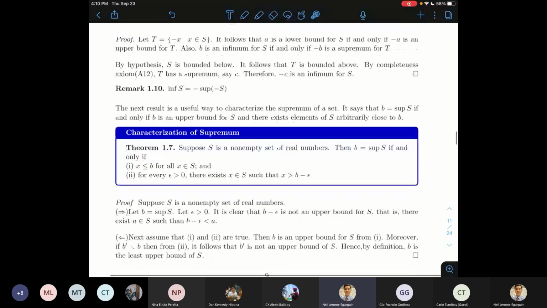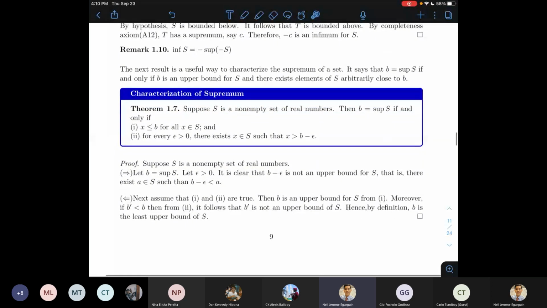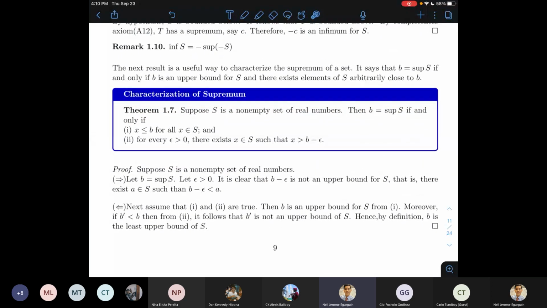Now, theorem 1.7 gives us another characterization of the supremum. So kahit alam na natin na si supremum siya yung least upper bound, siya yung pinakamaliit sa lahat ng mga upper bounds, sometimes it's handy to prove that a certain number is the supremum of a set using these two conditions of theorem 1.7.